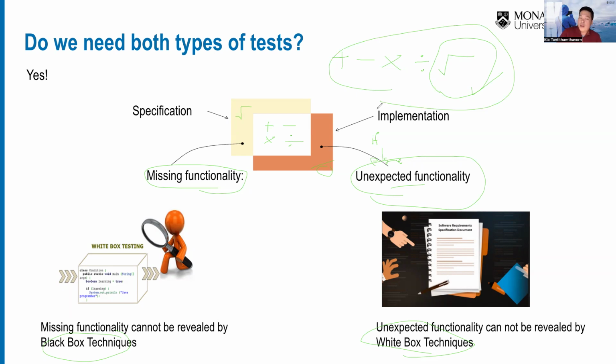Have we implemented all of the requirements, all of the features, all of the functionalities or not? However, for each of the functionalities, we also need to think about the unexpected behavior as well. So both of the testing techniques are complementary.